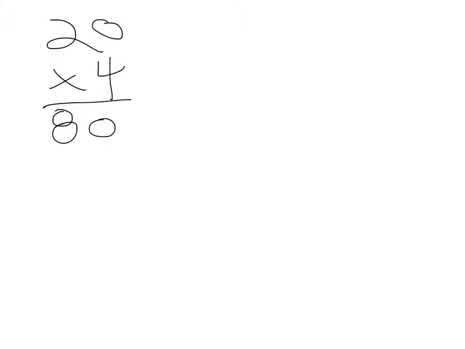Now we're going to look at a series of problems, and I want you to see if you can identify any patterns in the answers. If I multiply the factors 20 times 4, the one we've already done, the answer is 80. But look what happens if I multiply 4 times 200.